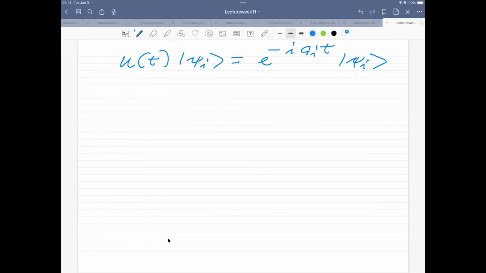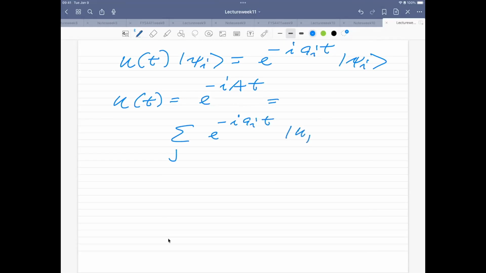So you can also make a spectral decomposition. If we look at this operator U of t, which is e to the minus i A t, we can rewrite it in terms of a spectral decomposition as the sum over j of e to the minus i a_j t, expanded in this basis, |u_j><u_j|. So u_j is the eigenbasis of U. The quantity here is normally called a dynamical phase, which is accumulated by the eigenstates u_j.